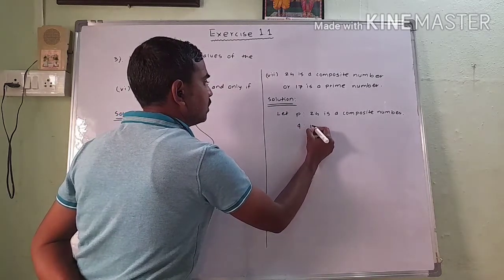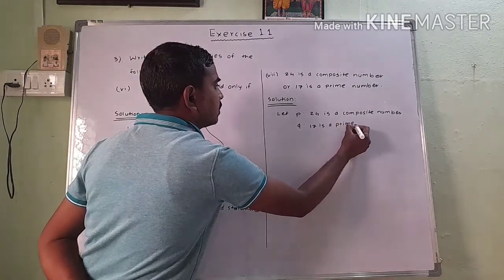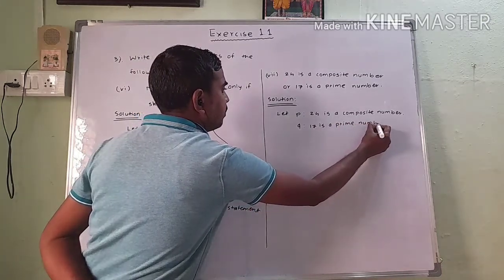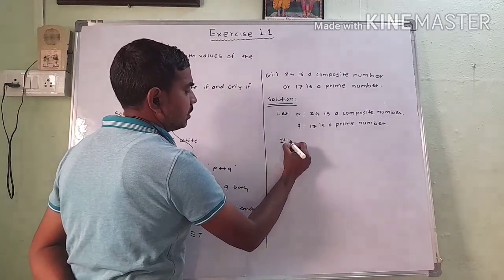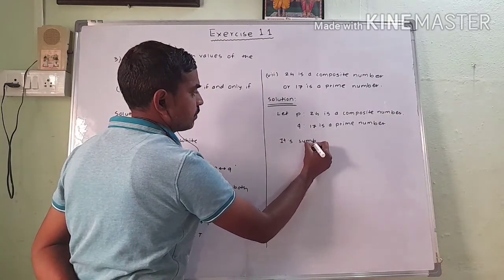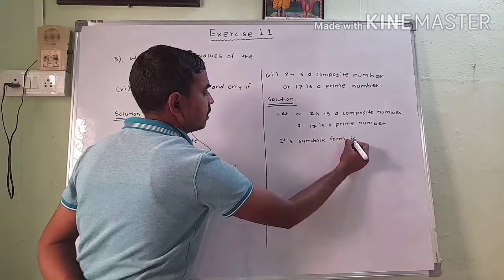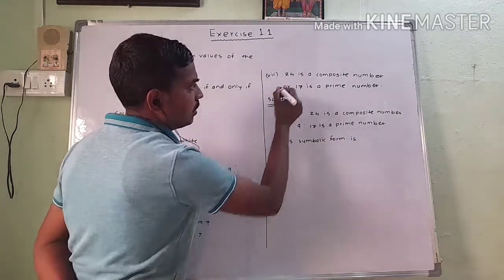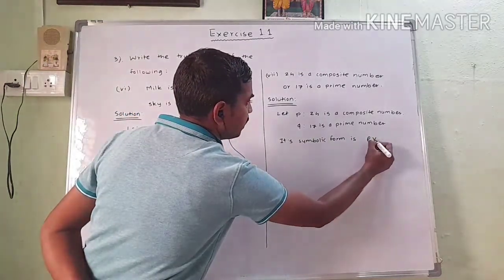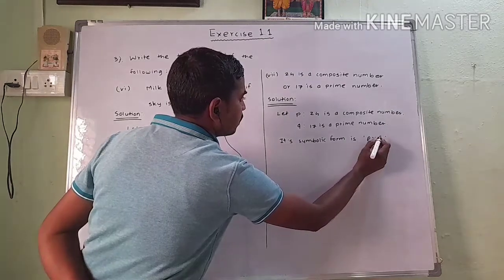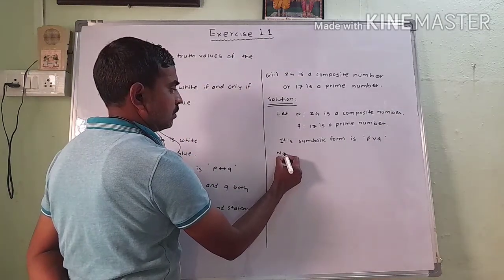Q stands for 17 is a prime number. Therefore its symbolic form: since "or" is here, we have to write the disjunction P or Q. This is the symbolic form. Now, truth values.